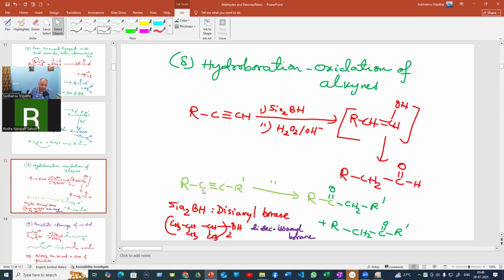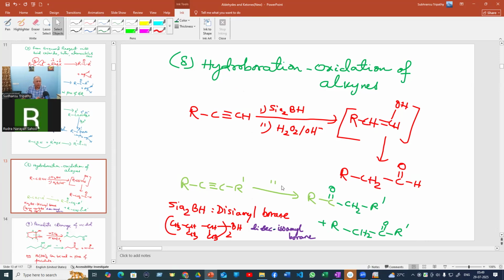Of course, if it is a symmetrical one, you get one ketone. If it is an unsymmetrical one, you get two ketones. I've taken a non-symmetrical alkyne, showing that, that is why two ketones. But these are actually more valid for the terminal alkynes giving you aldehyde.